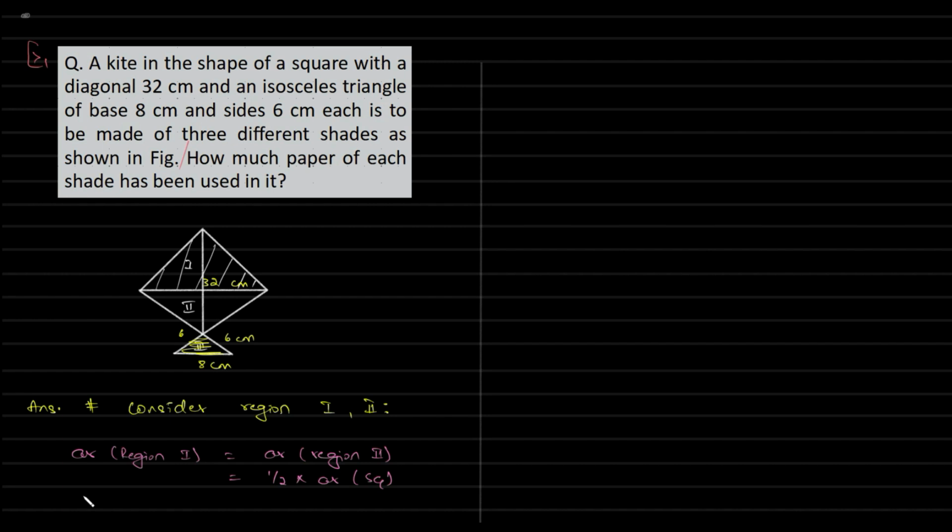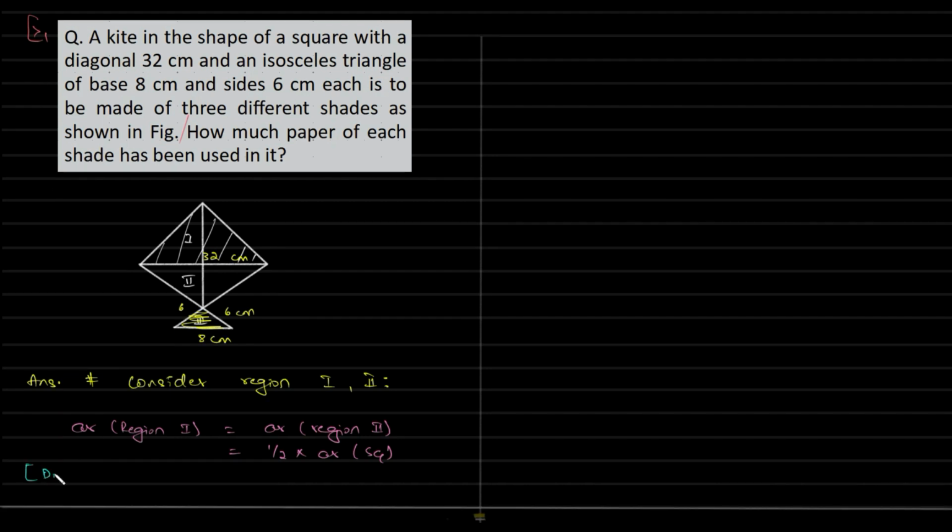The reason is that diagonals bisect a square into regions of two equal areas, or this is good enough actually.